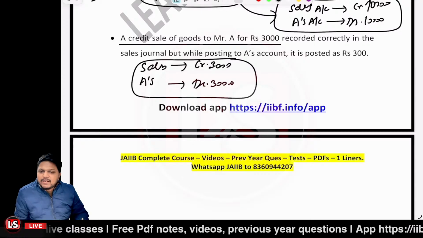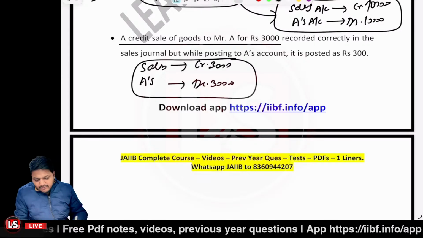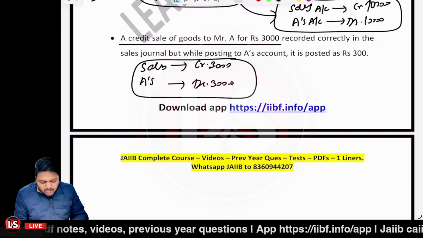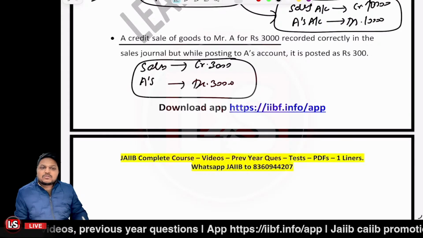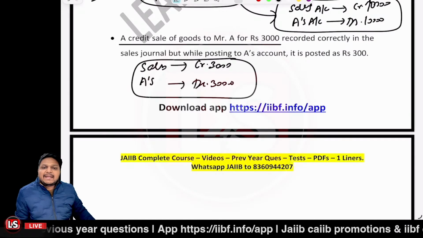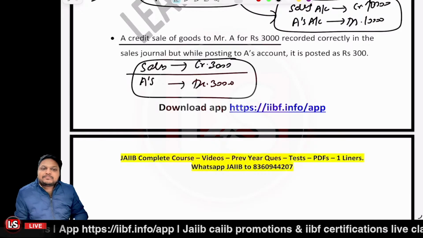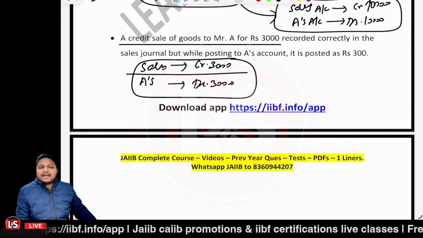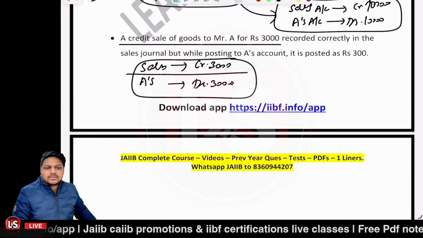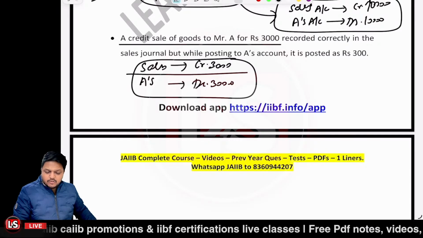Now this was the actual entry which was to be passed, right? But we did what? A credit sale of goods to Mr. A for rupees 3,000 recorded correctly in the sales journal. In the sales journal, we have recorded correctly, right? But while posting to A's account, it is posted as rupees 300.